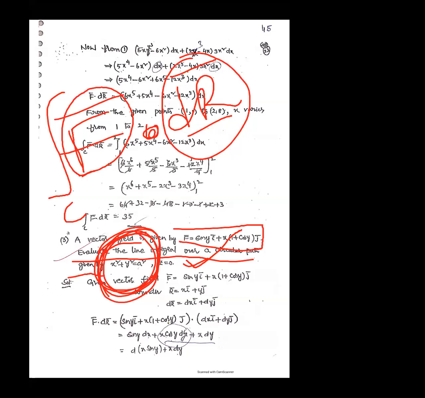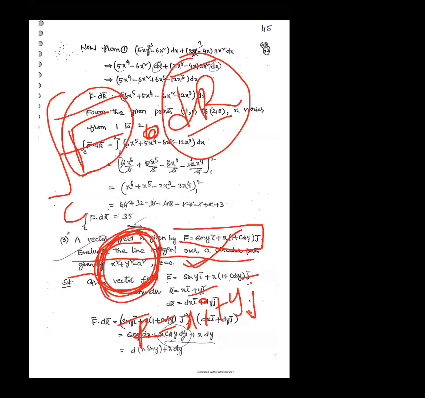For dr bar, we know the general value r bar equals x i bar plus y j bar plus z k bar, but z k bar is not taken. Why? Because the problem's F contains only i and j. That's why I assume r bar also has only i and j terms, so r bar equals x i bar plus y j bar.